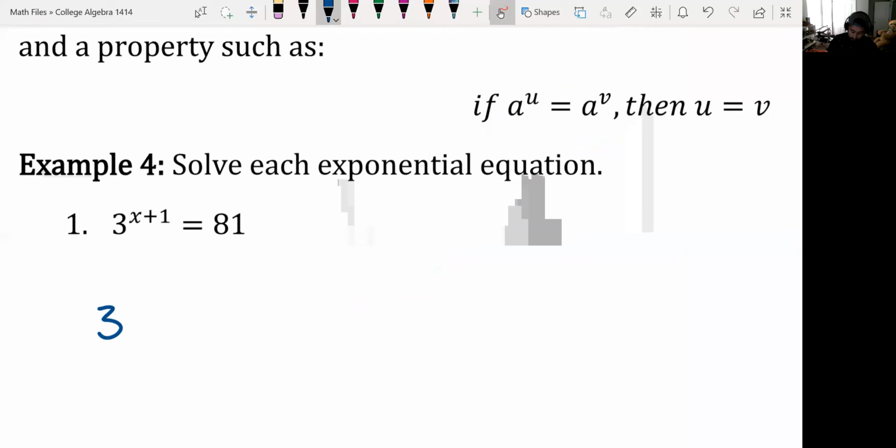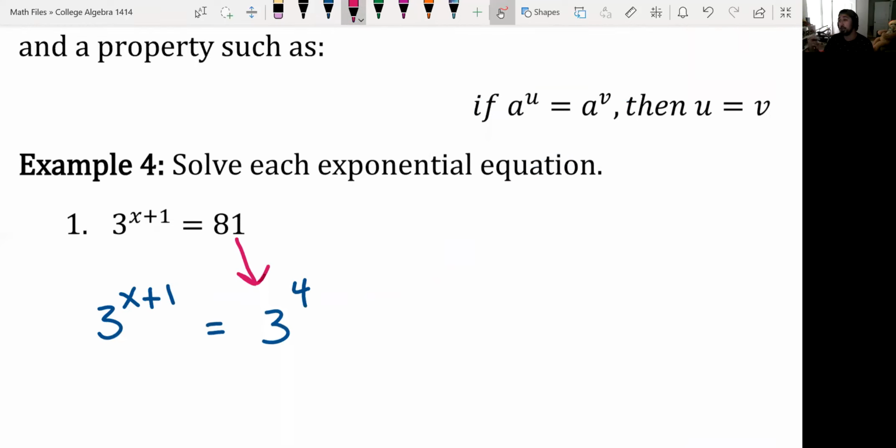You can write 81 as 3 to the 4th power. That's it. So 81 becomes 3 to the 4th, because 3 squared is 9, 3 cubed is 27, 3 to the 4th is 81. If you don't know your squares, cubes, fourths, fifths, sixths charts, definitely look it up. It's worth the research.